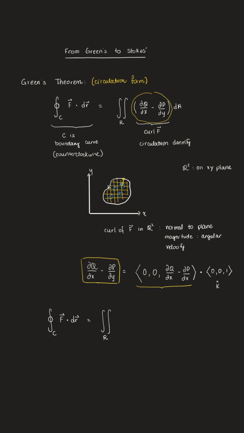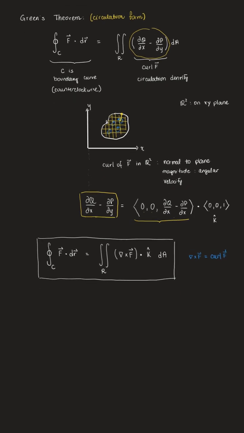But I'm going to write this as curl, which we know is del cross F. That's a three-dimensional vector, and we're dotting that with k, so that this gives us the curl in R2. And so this is another way in which we might write Green's theorem, where, just as a reminder, del cross F is the curl in R3, the curl of F.